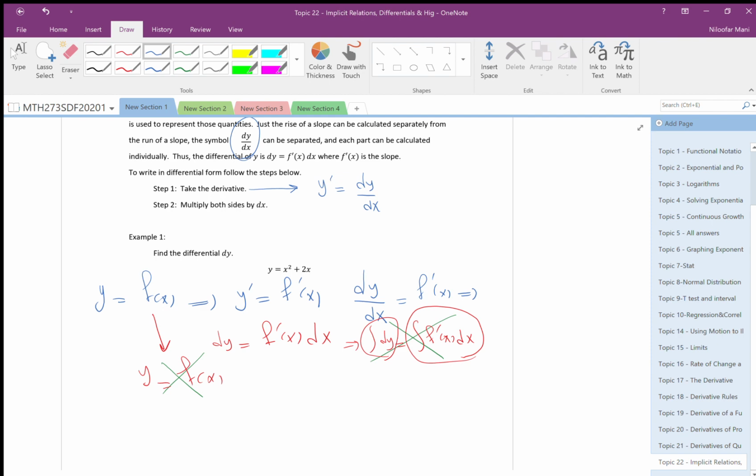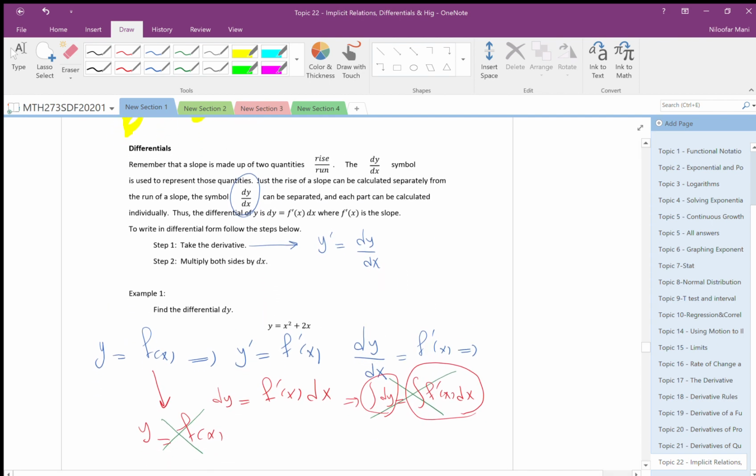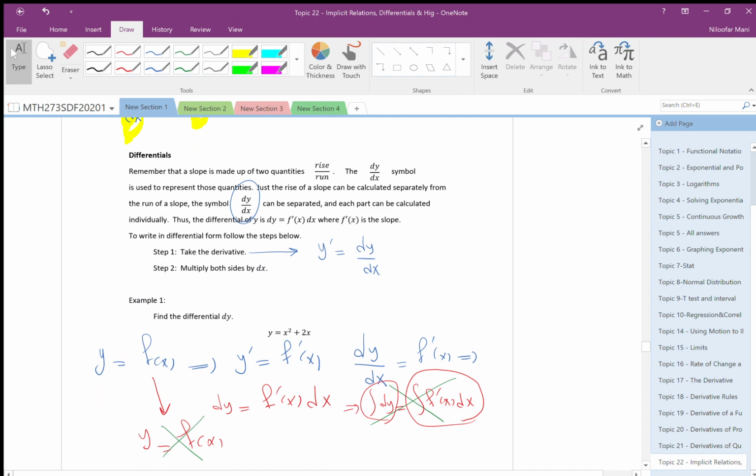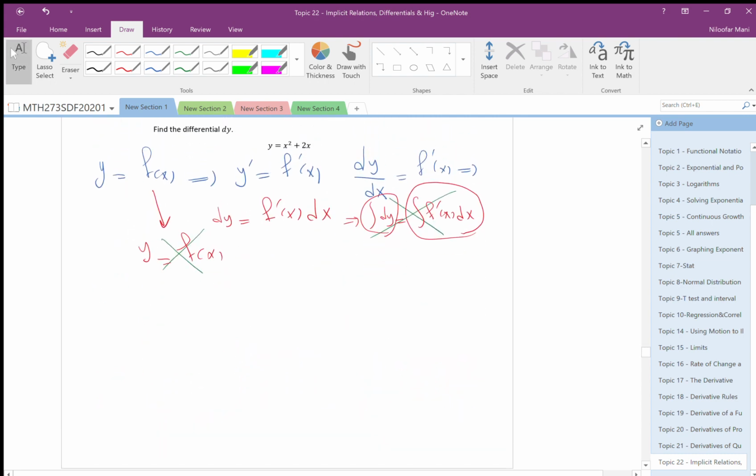In this case, you are showing it with differential. For example, here y is x squared plus 2x. What is y prime? 2x plus 2. Done. But when I say show it with differential, you have to write dy over dx, which is y prime, equal 2x plus 2.